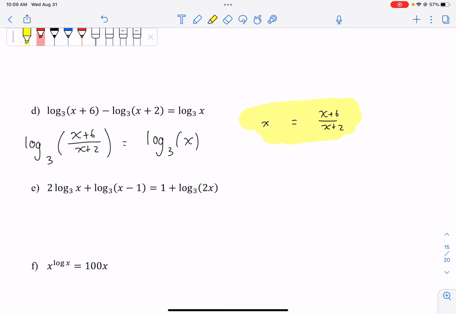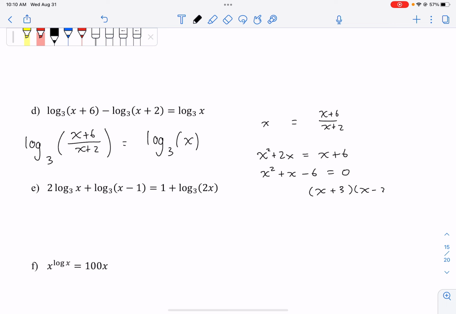All we have to do now is solve. So multiply both sides by x + 2. x squared + 2x is equal to x + 6. Move everything to the left. x squared + x - 6 is equal to 0. (x + 3)(x - 2) is equal to 0.